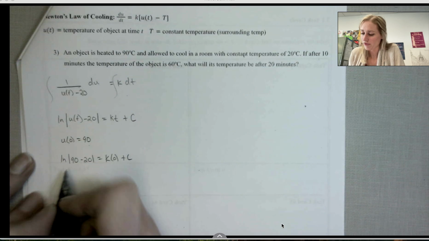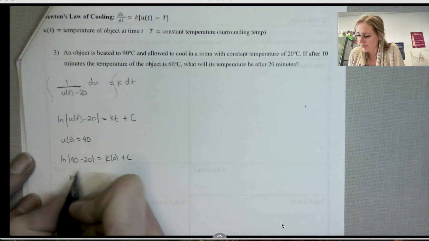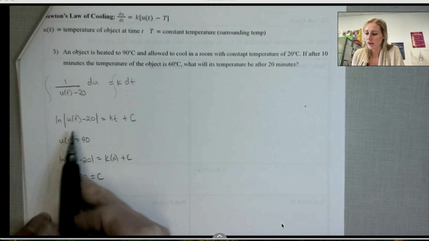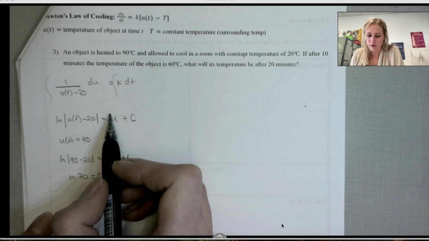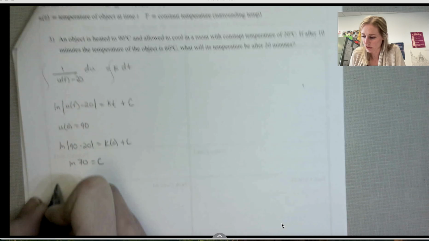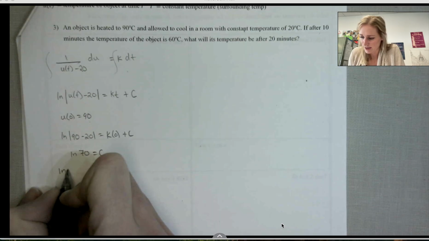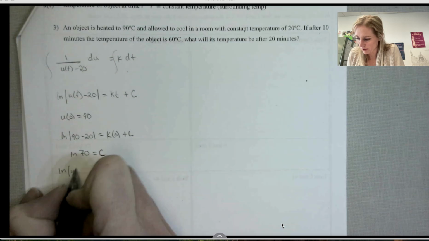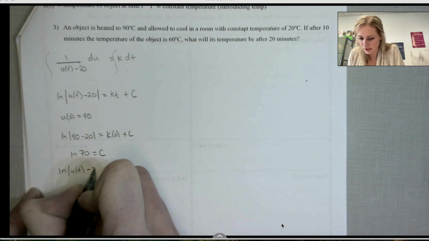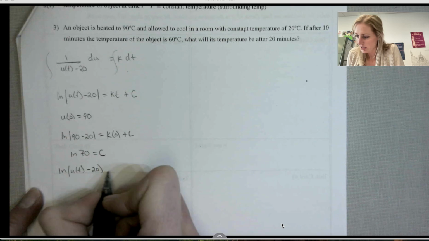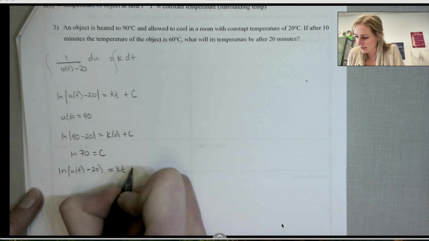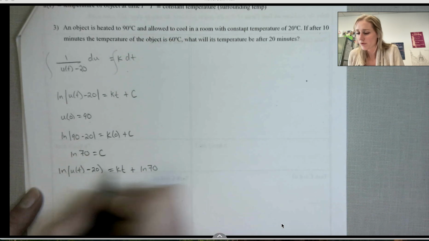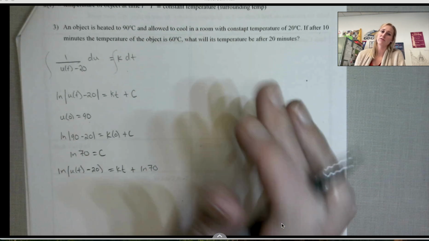Okay, so we get natural log of 70, which is positive, equals c. Okay, so this was my general solution, then my specific solution is going to be natural log of u of t minus 20 equals kt plus my c value, natural log of 70. Okay, so this is my particular solution for this situation.